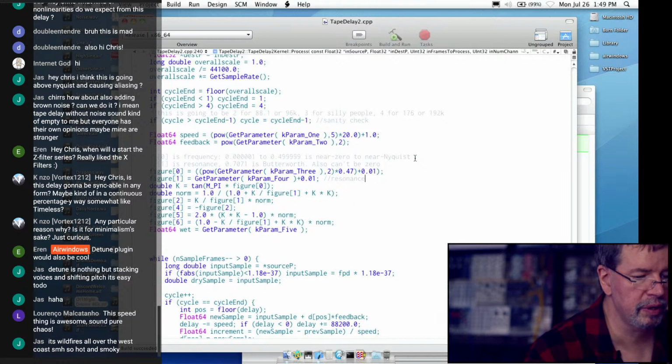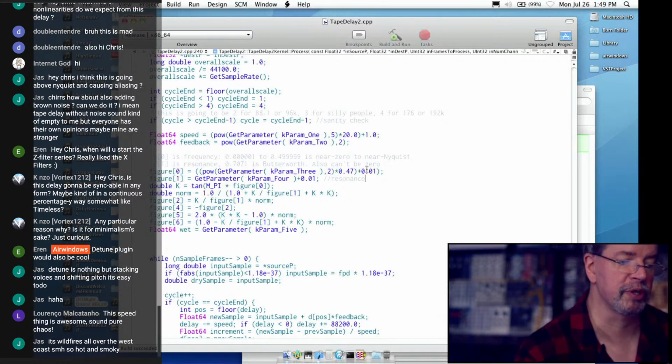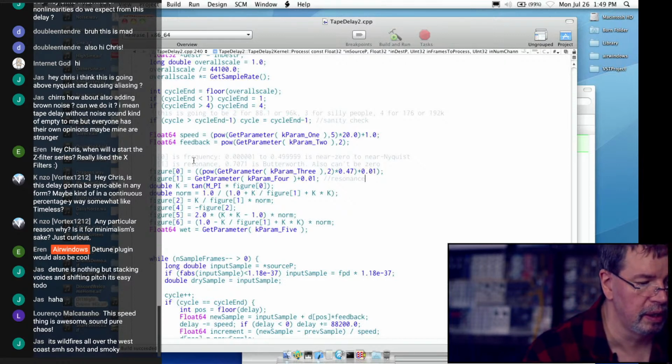Near zero to near Nyquist, which is being undersampled, so it's always going to be. And then resonance goes down real low.